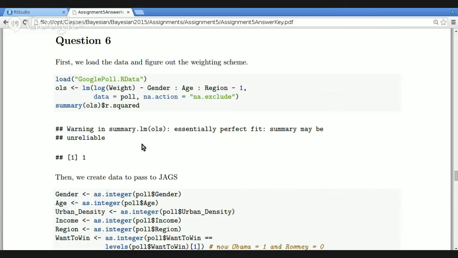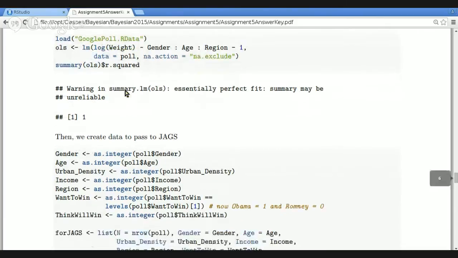So you can figure out what weights Google was using, using a regression and logarithms with full interactions between these things. So they did not weight by income or urban density, only those three. But in any event, the main thing we need to get is the sampling weights.